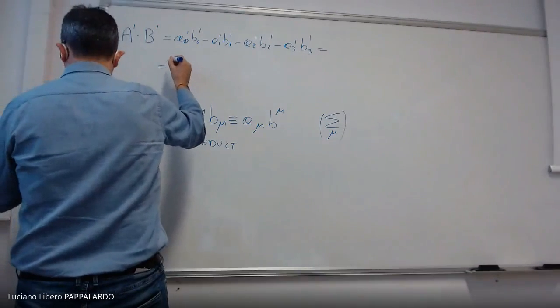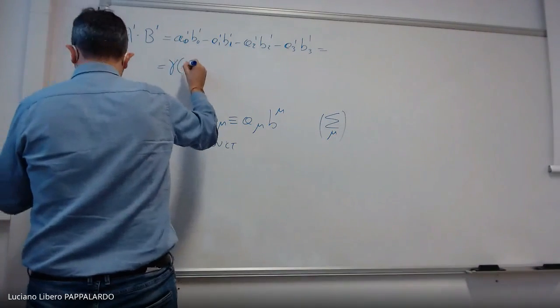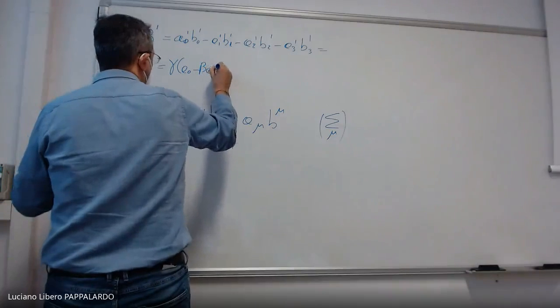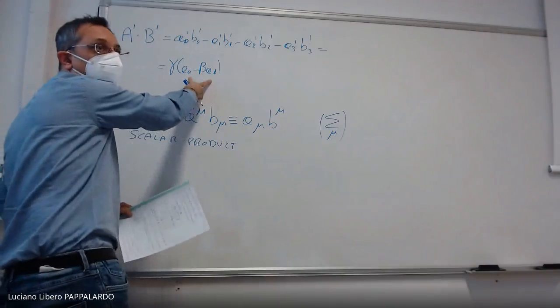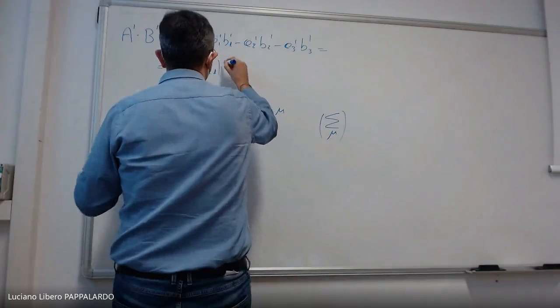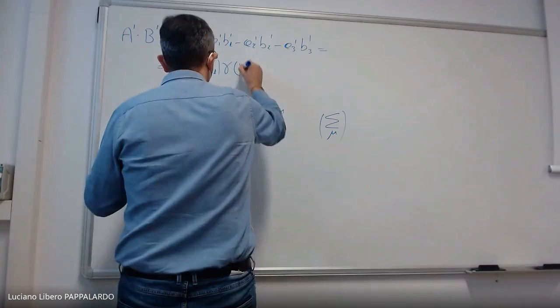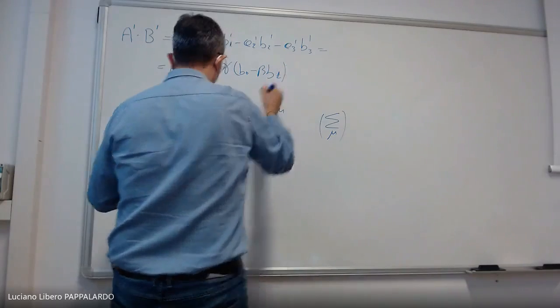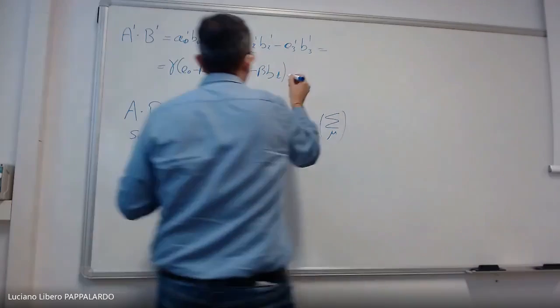So we are going to have here gamma (A0 minus beta A1), so again we are mixing the first two components, times gamma (B0 minus beta B1). And this is the first term.